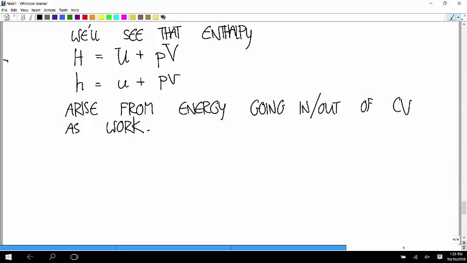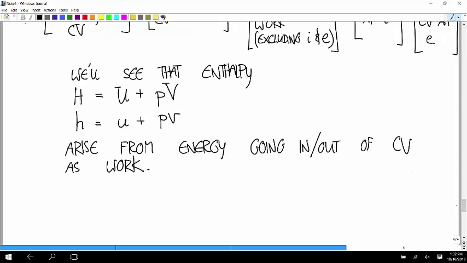Okay, so this enthalpy thing, I said before, there's kind of a rough hand-wavy interpretation of what enthalpy is. You can think of it as the internal energy in some material plus the energy that it would take to make space for it in its surroundings. Still, like why would that ever be useful? The real answer for what enthalpy is, it's kind of like a mathematical artifact that comes about when you use the first law for a control volume.